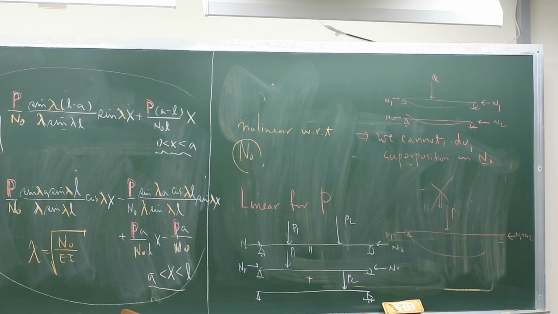But it's nonlinear with respect to N0, the actual loading, compressed loading. So we cannot apply the superposition on N0. Right? So after we got this fundamental concept, then we can do the distributed loading on the beam under axial compression force.